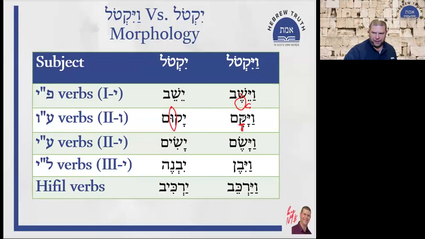This would be a kamatz katan. In some editions, you might see it's a kamatz katan because it would be longer. I know it's the opposite of what you would think, but this is how it is. So vayakum, you can also see, and I'll go back to the verses that we've seen here.